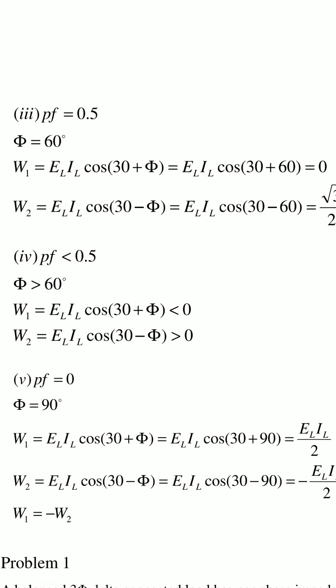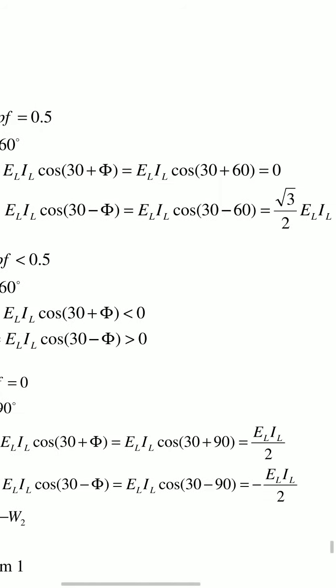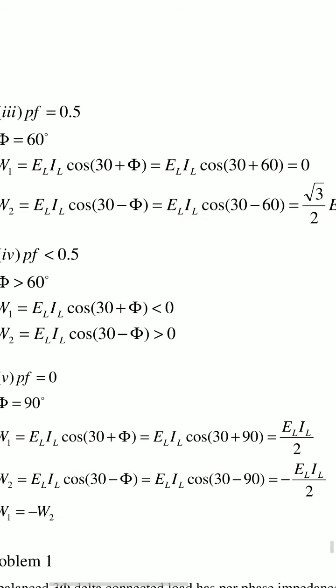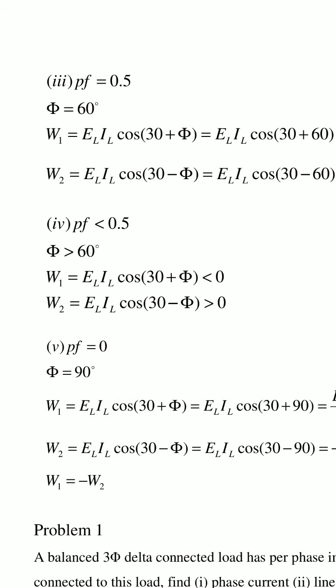Here at 60 degrees, one of the wattmeters is showing 0, and W2 is E_L I_L cos(30 minus 60), which gives root 3 by 2 E_L I_L. Now if the power factor is less than 0.5, that means more than 60 degrees, W1 is showing less than 0 and W2 is reading more than 0.